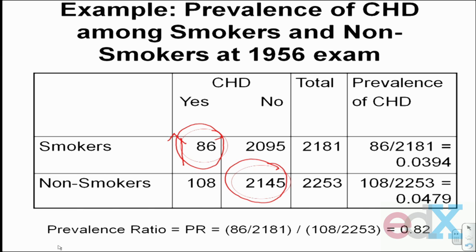A bigger number in this group of people who smoke and have coronary heart disease means that the prevalence I'm reporting among the 4,434 people is an underestimate of the prevalence I would report if I had those extra people who were smokers and had coronary heart disease.